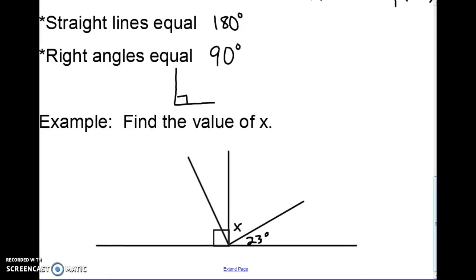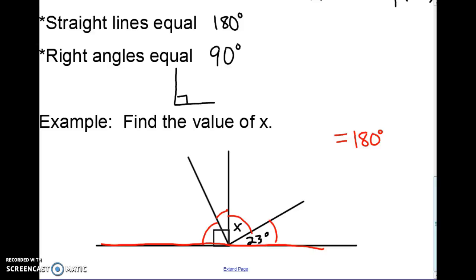So now we're going to find the value of x. If you notice here, we've got a big straight line right across the bottom here, which tells me that this angle and this one and this one and this one should all equal 180 degrees.